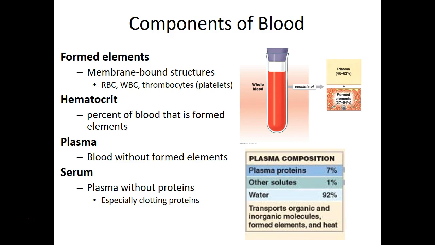If we remove all of the formed elements, what are some of the things we have left in plasma? What are some of those other things we said we could find in blood? We've got water, yep. Electrolytes, yep.